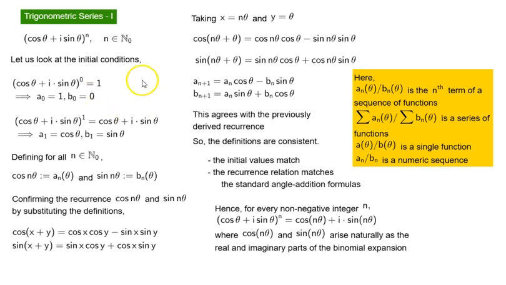Now we have to show it for the negative integers as well. So that is what we are going to do in the next session, and then we would have shown that (cos θ + i sin θ)^n is equal to cos nθ + i sin nθ for n in ℤ, that is, in the set of integers.